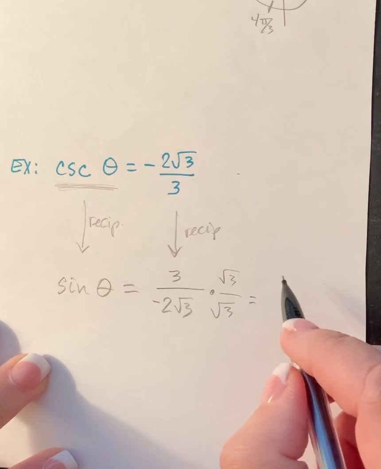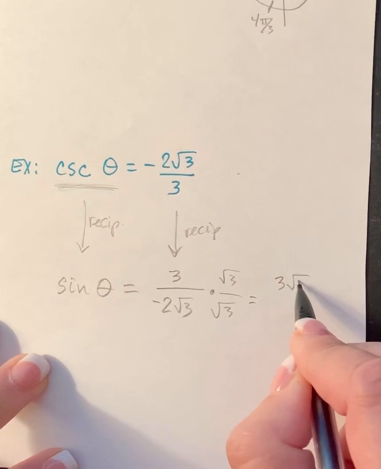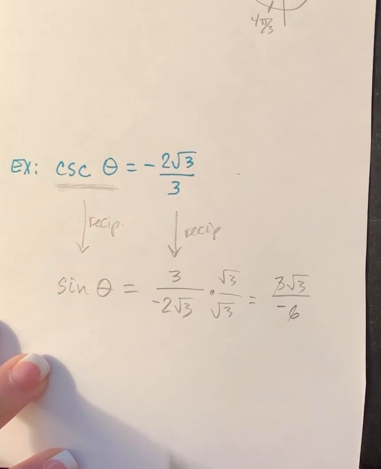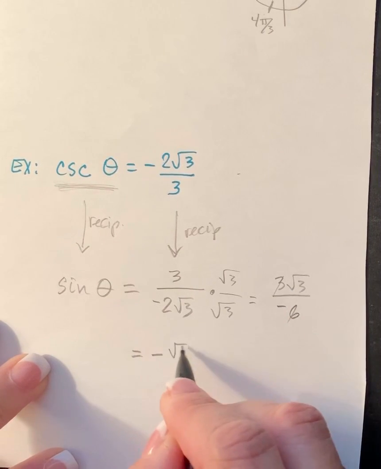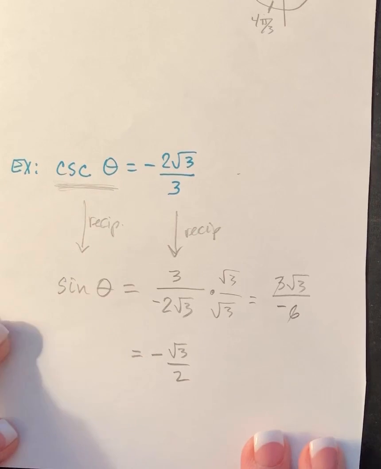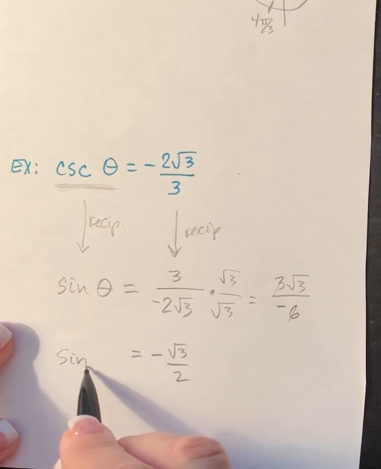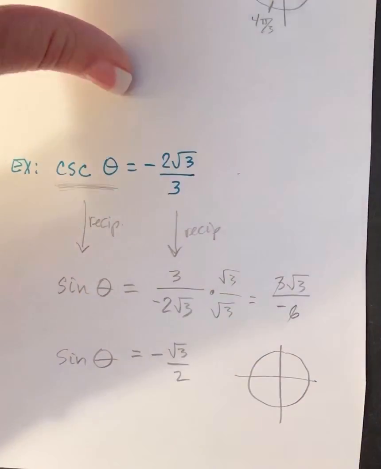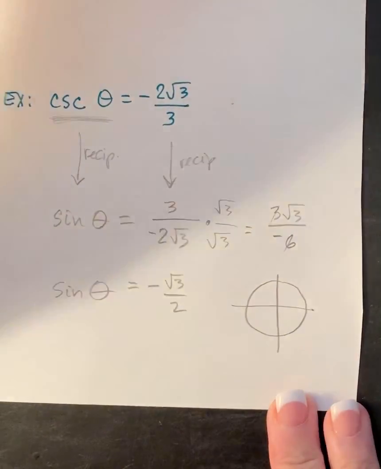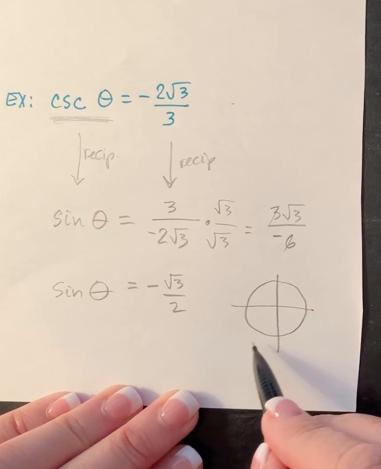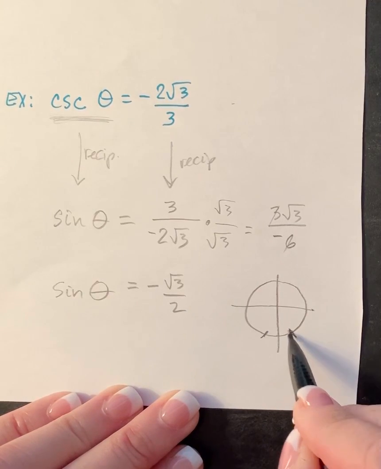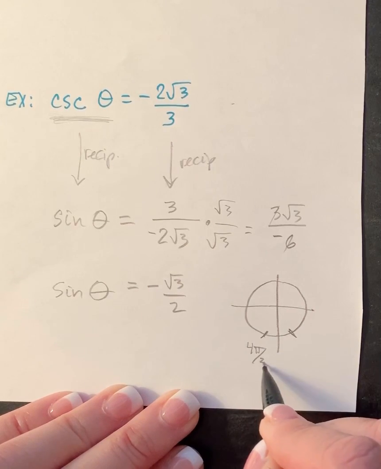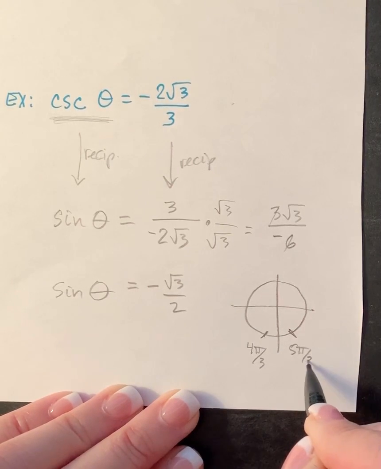So this would be 3 root 3 over negative 6. And if you simplify, you're looking for where the sine is equal to the negative square root of 3 divided by 2. On the unit circle, those are going to be places down near the very bottom. Not the lowest, but the ones closest to it, the special angles, here and here. So we're talking at 4 pi over 3 and 5 pi over 3.